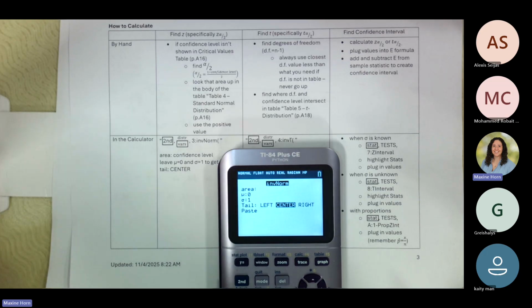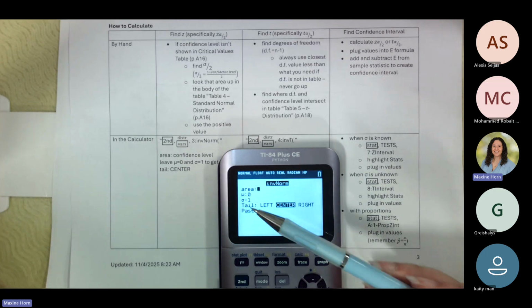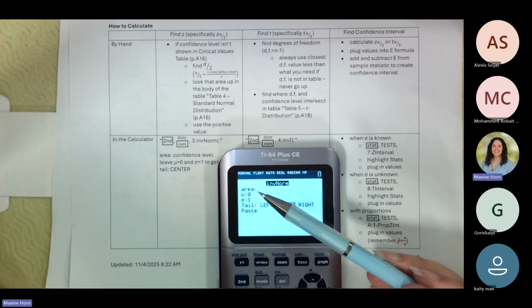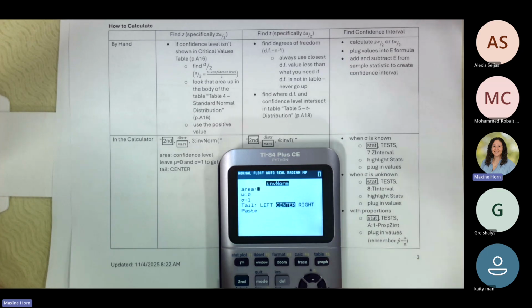We're going to be using z-scores in this chapter. We're not going to be using it to find x values. So because we're going to be using z-scores, we need to leave our mean as 0 and our standard deviation as 1. If you put in things other than 0 and 1 here, then you're not going to get a z-score. You're going to get an x value. We don't want an x value, we want a z-score.